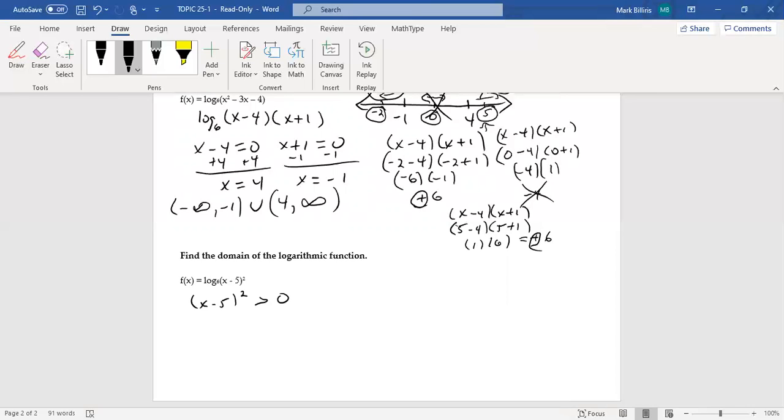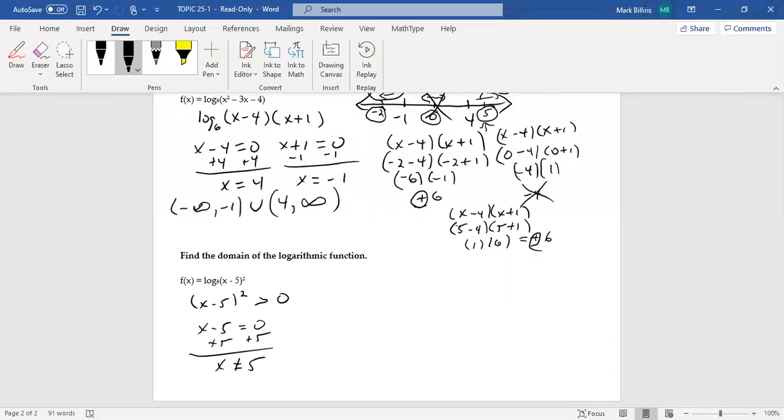So all real numbers would work in making it greater than 0 with one exception. And that exception would be the number 5. Because x minus 5, if I set that equal to 0, then 5 wouldn't work. If I plugged 5 in, that makes my argument 0.